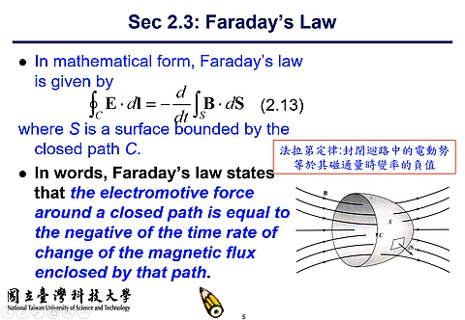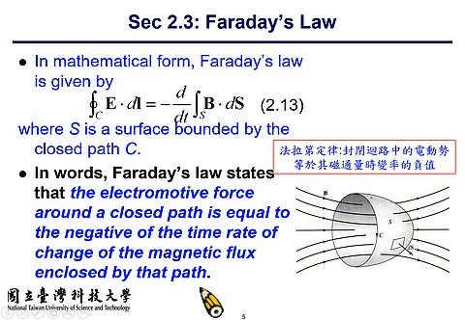What is the physical interpretation of the line integral? The line integral of electrical field intensity is what? It is V, the voltage, or the EMF, electromotive force, or electric potential. Equals to what?